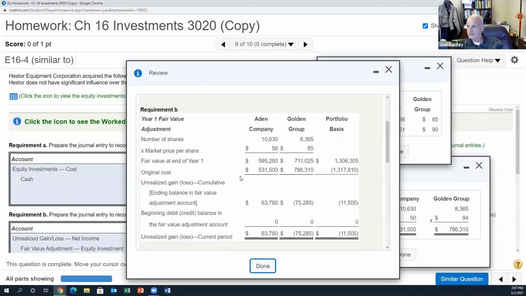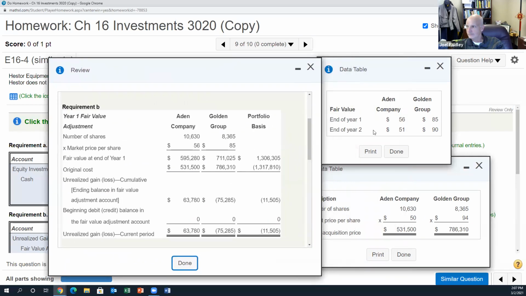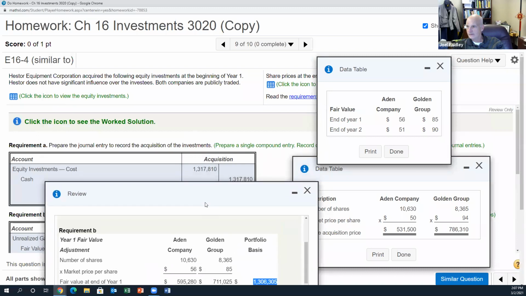Requirement B, fair value adjustment. There's the 10,630. All right, 10,630 times 56. And the 8,365 times 85. So there's my fair value at the end of the year. The original cost was $1,317,810 that we put in right there, right?